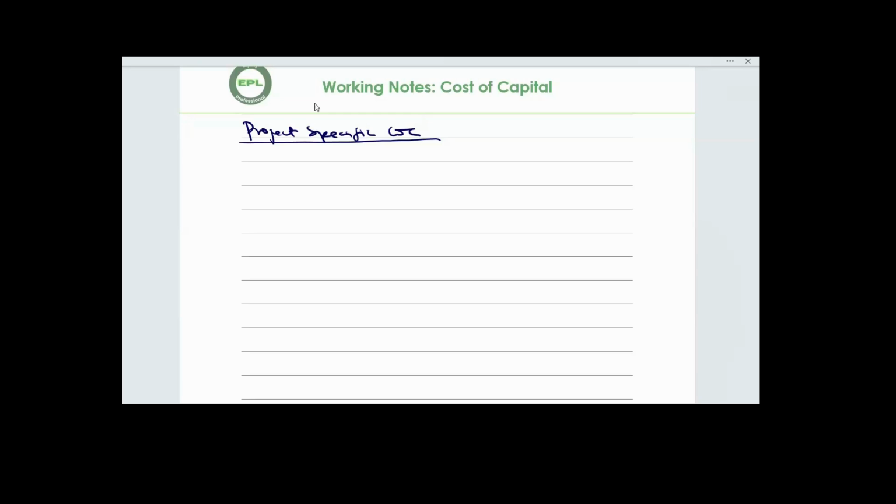So let's move to project specific WACC. I told you that traditional WACC is computed when information on capital structure, including their underlying costs, are given to you: ordinary share capital, preference share capital, debt capital, including their underlying costs like dividend, share price, interest, and all of that. That is when you calculate traditional WACC.